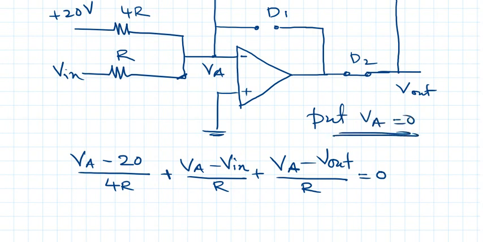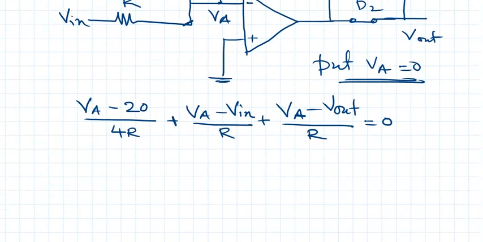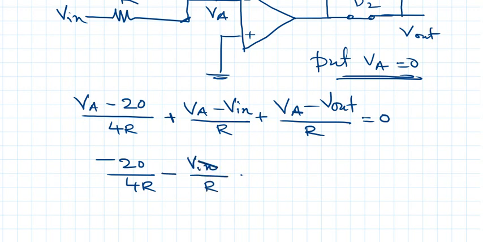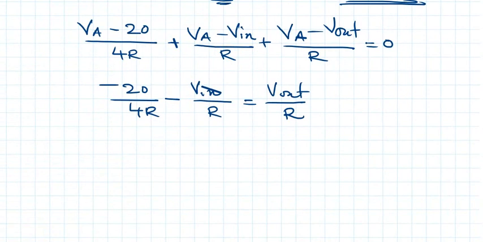So we can say that minus 20 by 4R minus V in by R is equal to V out by R. Okay, so this is nothing but 5. So we can say V out is equal to minus 5 minus V in.